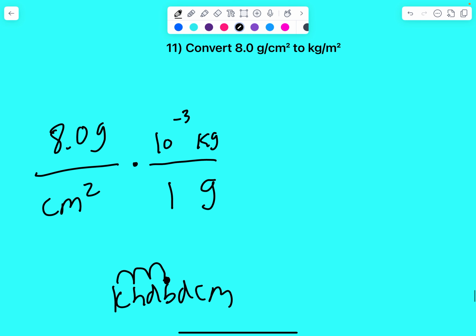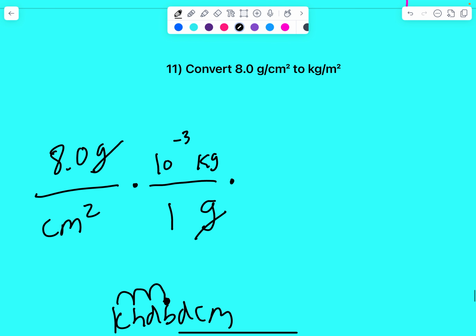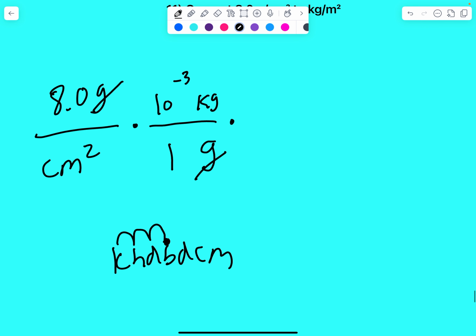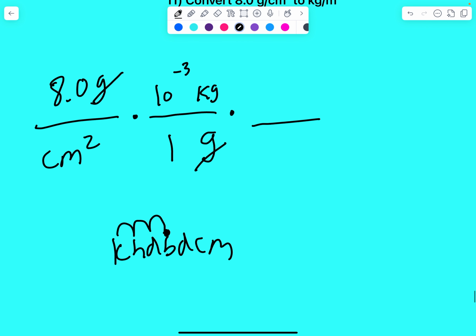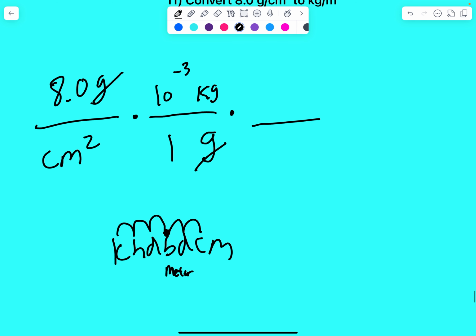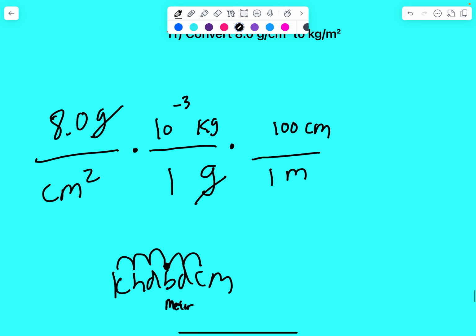And then I can proceed and say, okay, what do I do with centimeters squared? How do I get that into meters? Well, I know 1 meter is 100 centimeters.